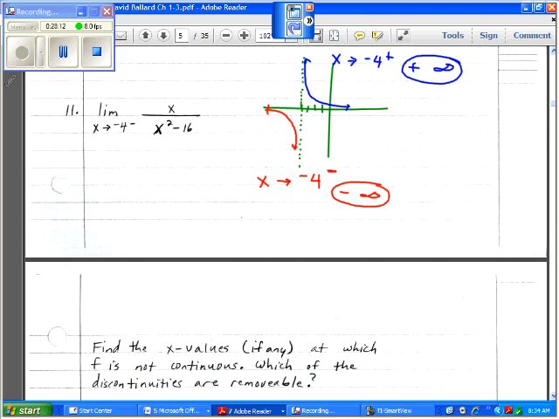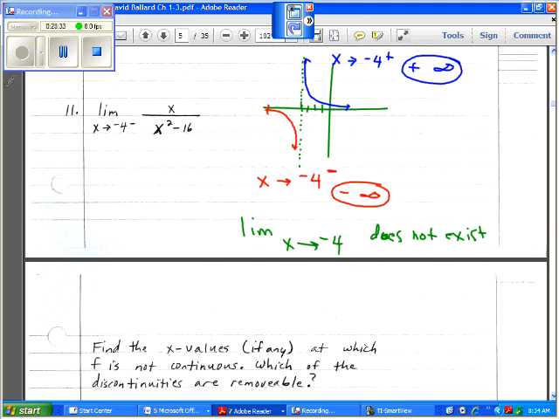We would say the limit as x approaches -4 does not exist, because as you approach from left to right, it's not approaching the same thing.